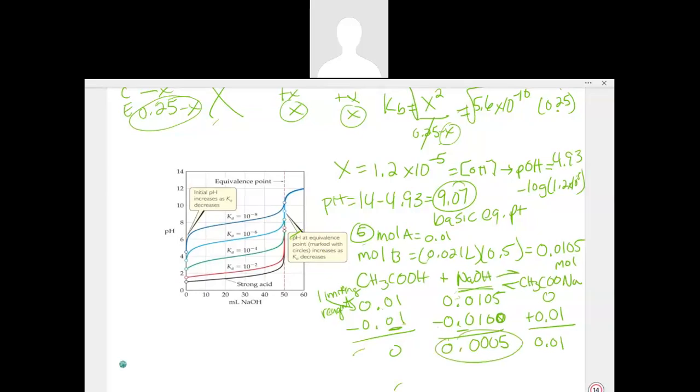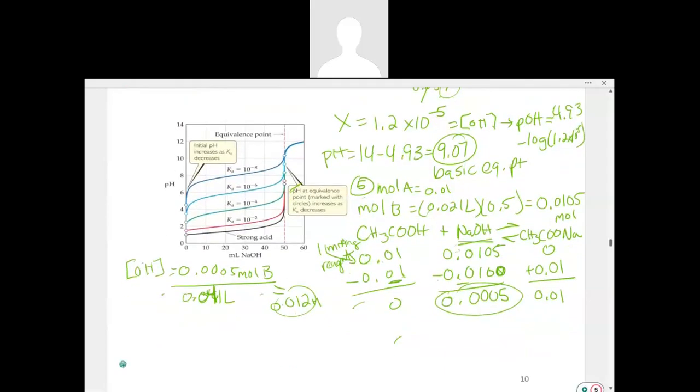We take this value and solve for our hydroxide ion concentration. We have 0.0005 moles of base, that's right, 3 zeros in a row. We divide by our total volume. It was 20 plus 21 milliliters, so we have 41 milliliters total, or 0.041 liters. We divide moles by liters and get a concentration of 0.012 molar hydroxide.